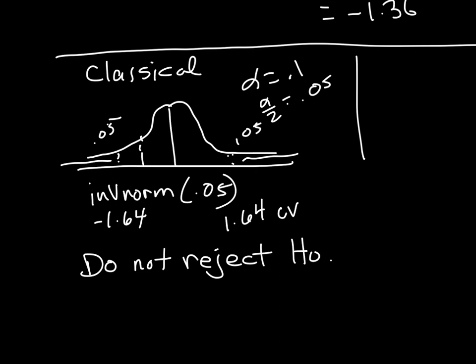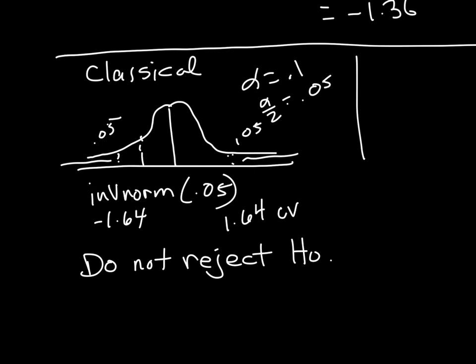And our conclusion would be that there is not sufficient evidence to show H1, that the proportion is different for those with a bachelor's degree who believe that protection of gun ownership is more important, at alpha equals 0.1 level of significance. Okay, so if you had to write a conclusion, that would be the conclusion.